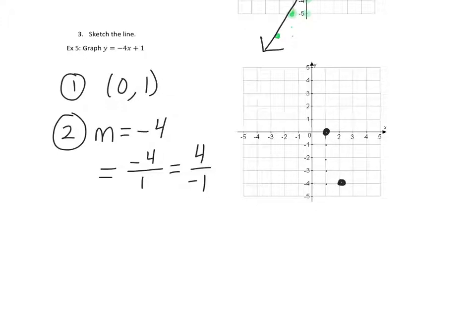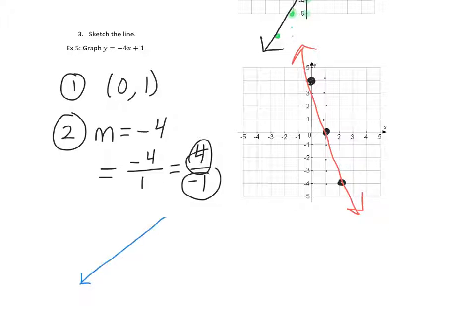Alternatively, we can go up 4 like this. 1, 2, 3, 4. And now we can go to the left 1 since the bottom's negative. So however you choose it, we're going to end up with the same line. All right, and there you go. I also wanted to point out, final thoughts, in that first example 4, our slope was positive and our line was increasing.